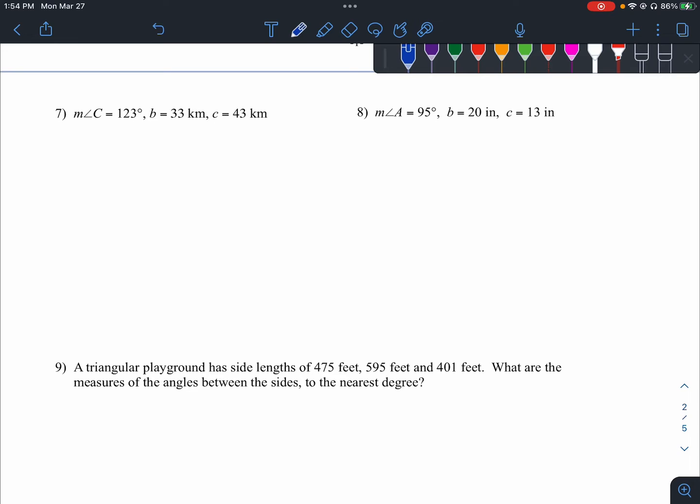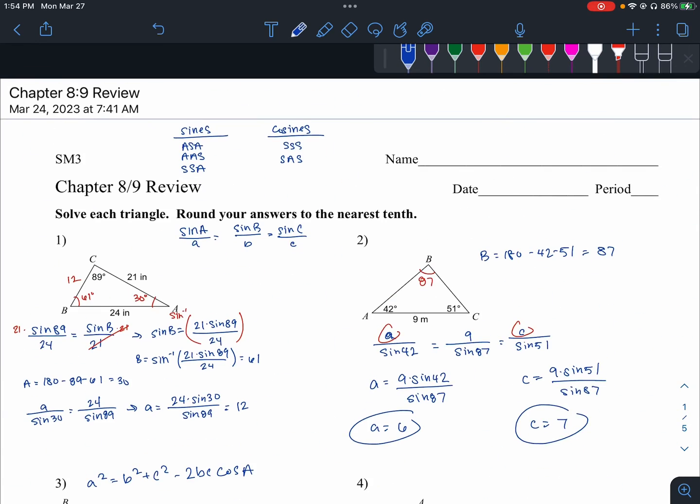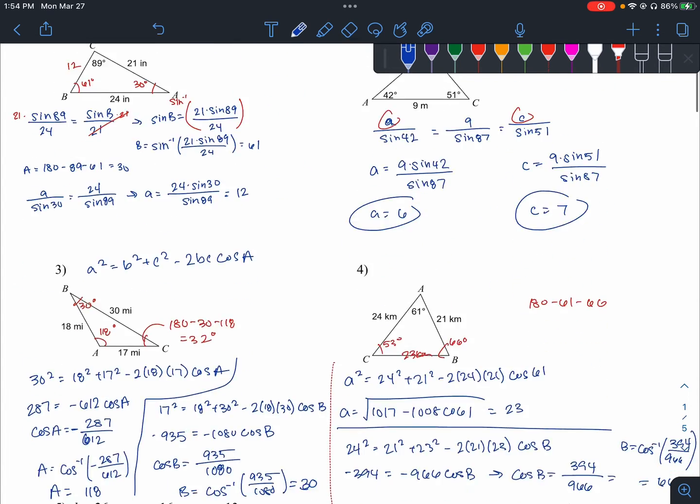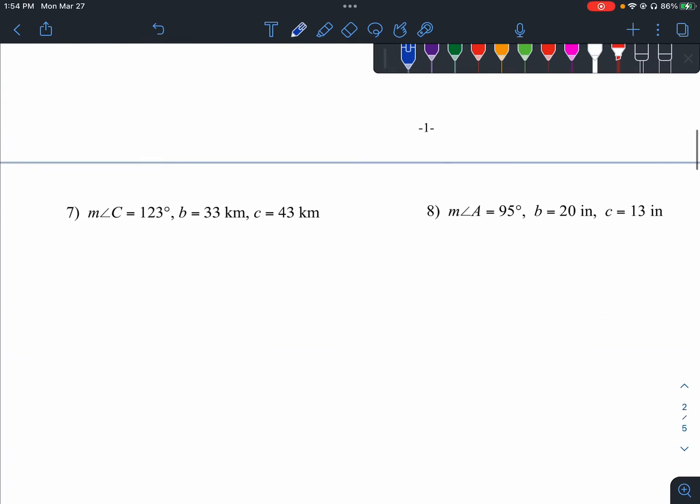Coming down here for 7 and 8, I see that we have 1 angle. So if we have 1 angle and 2 sides, it's either going to be side angle side or side side angle. So you can go ahead and draw a triangle to see which one it would be.